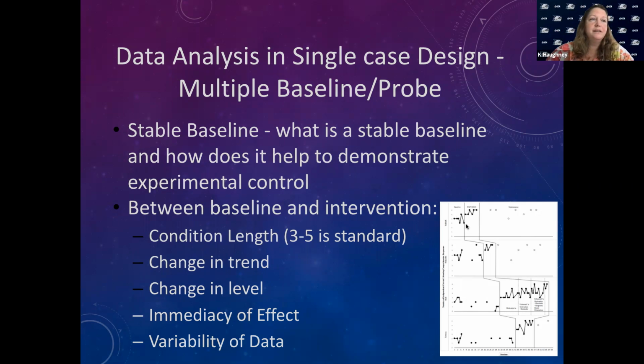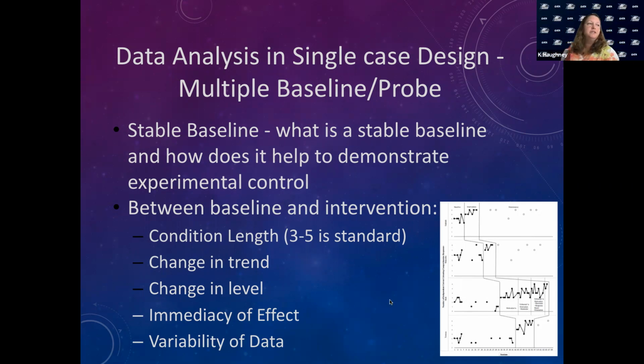The baseline condition is before the very first vertical line. For the second graph down, it's staggered. So the intervention is not introduced until later, after the first intervention is done and moved into a maintenance phase. Then the intervention is introduced for the second participant. It continues down all the way through 4 separate participants in this case.